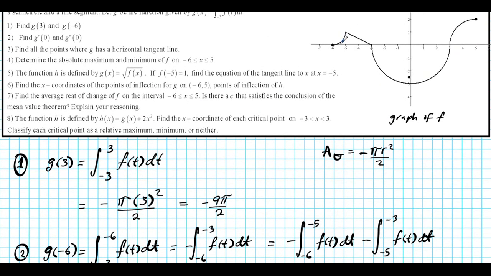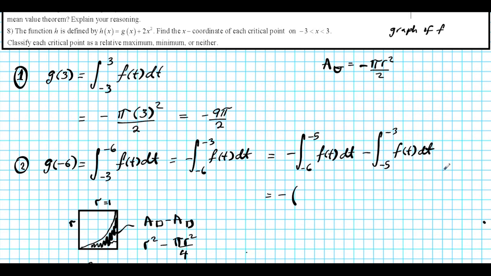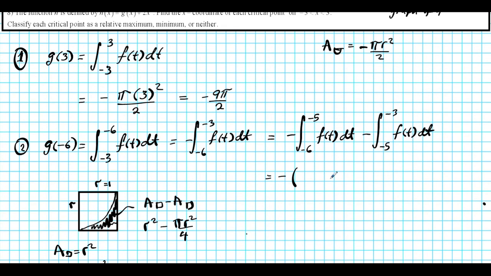You can see that this is the radius right here. From here to here, that's the radius of our circle, which is 1. Okay, quarter circle, so r is 1. So we're going to have r square, which is 1 square, minus pi times 1 square over 4. So that's the area of the region underneath the quarter of a circle.